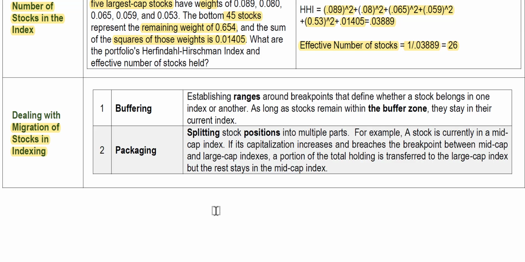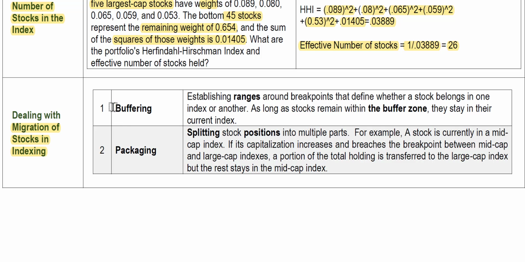Consequently, we need to handle this situation. What are we supposed to do if some stocks migrate from one category to another? It happens all the time. When I do the indexing portfolio, it's possible for a stock in one year to migrate to a better category in the next year.